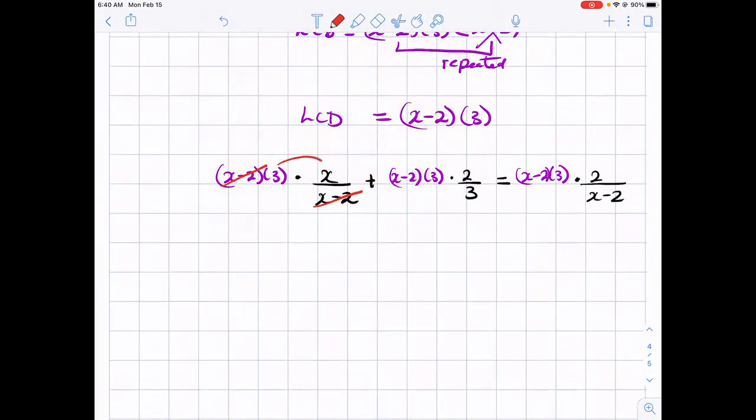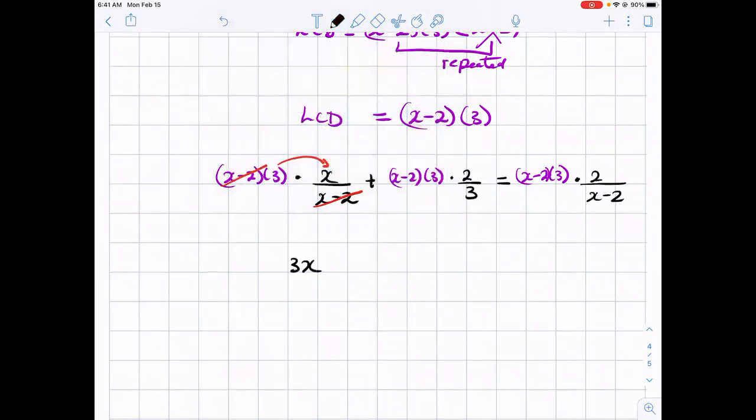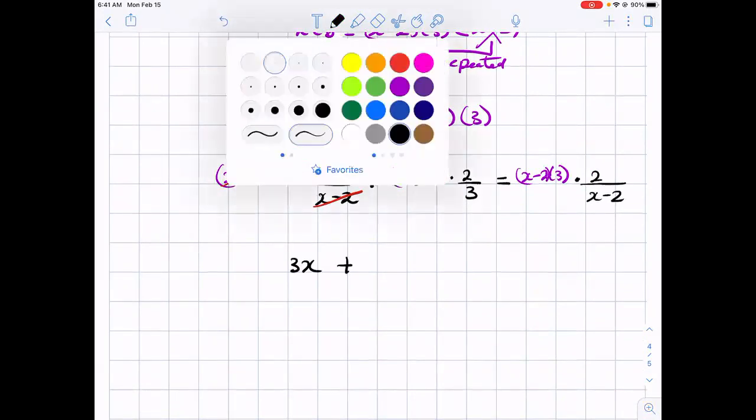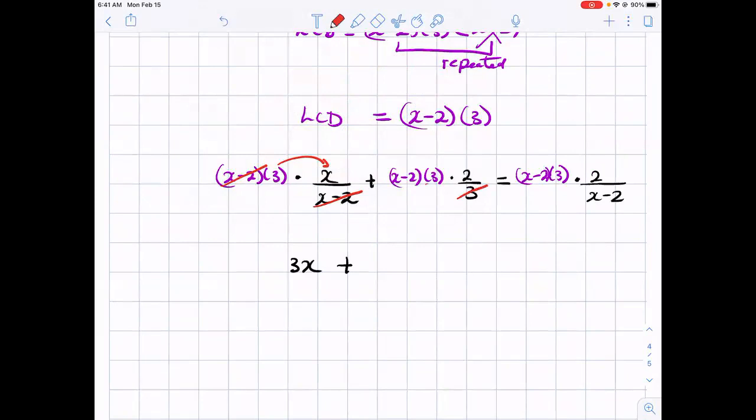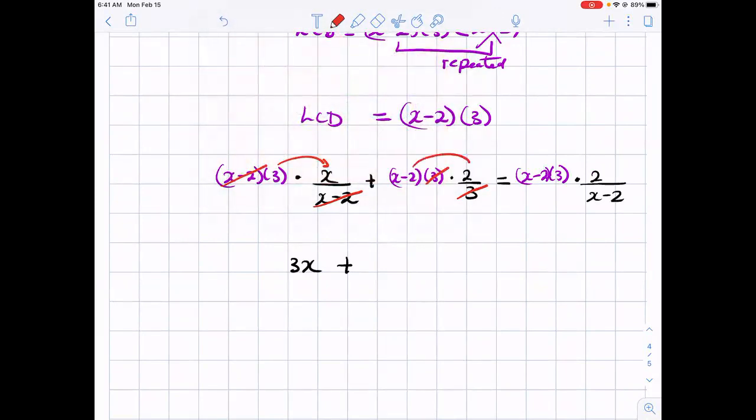So you're left with 3 times x, which is 3x, plus, notice once again, the denominator cancels with something in the common denominator, and you're left with this times this. So we have 2 times x minus 2.